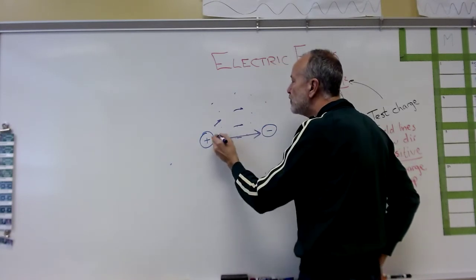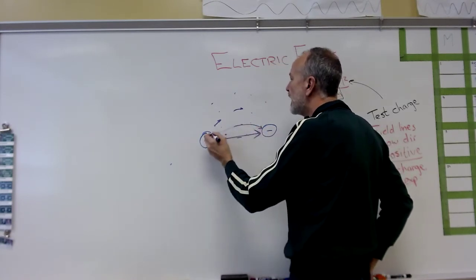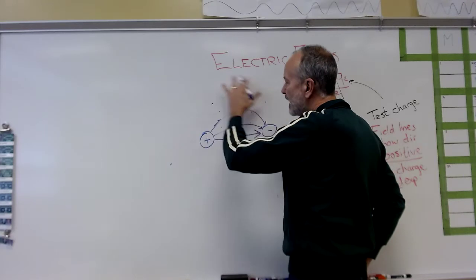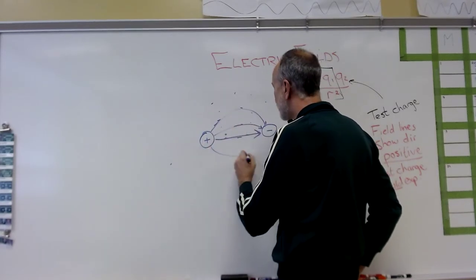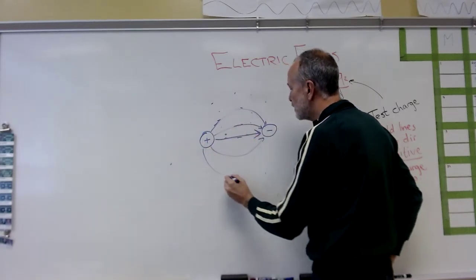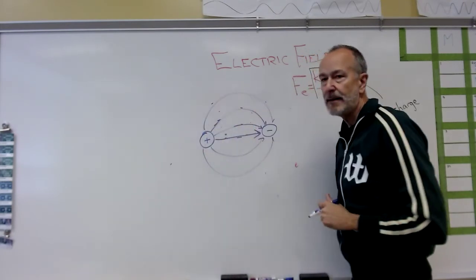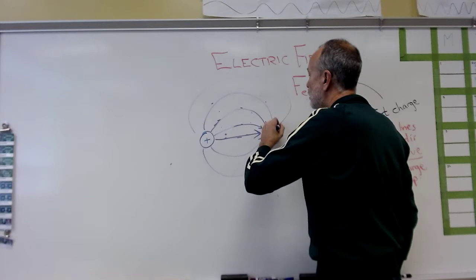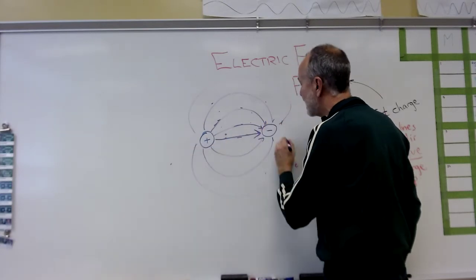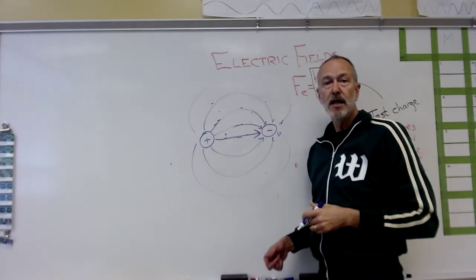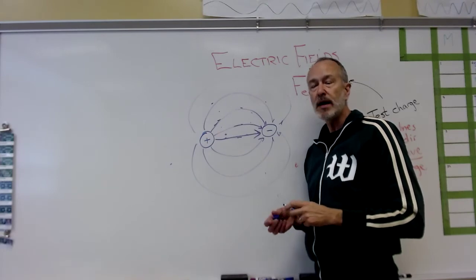And if we do that for every spot around here, we find that the field lines for this dipole end up looking like that, and keep going all around like that. You may have seen magnetic field lines that look like this. It works essentially the same way.